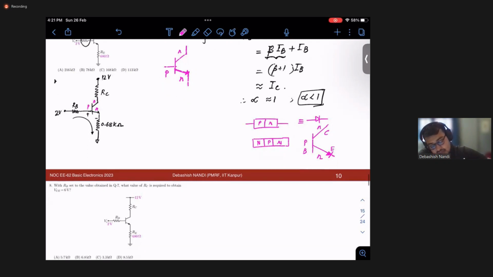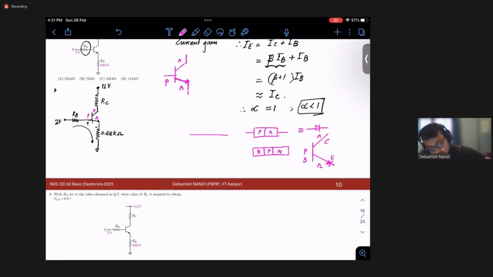And similarly for PNP, the same funda. Here you have emitter, base, collector. This is P and P. So this is your emitter base junction. Your diode is like that. So in this way you can remember the symbols, right?